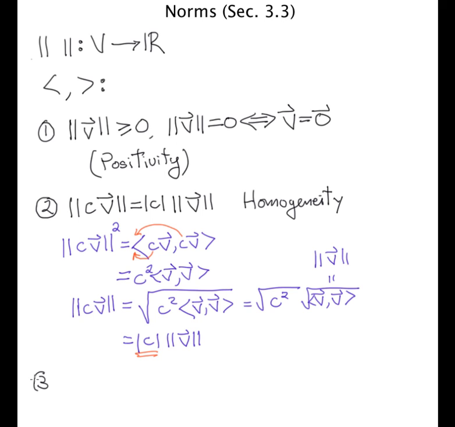And then the last one is one that we've already seen, and it's just the triangle inequality: the norm of V plus W is less than or equal to the length of V plus the length of W. So that's the triangle inequality.